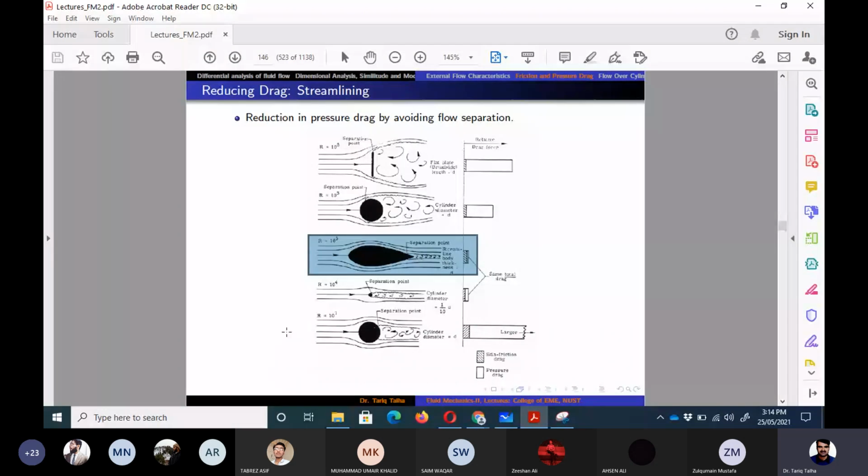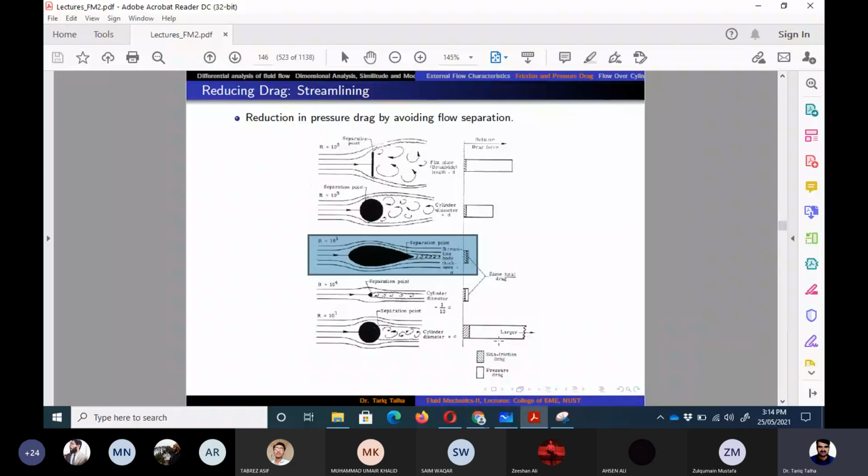And then you can see that if we make it Reynolds number 10 to the power 7, which is 10 million, in the bottom figure, the drag force is much higher, because the pressure drag is also very high here.